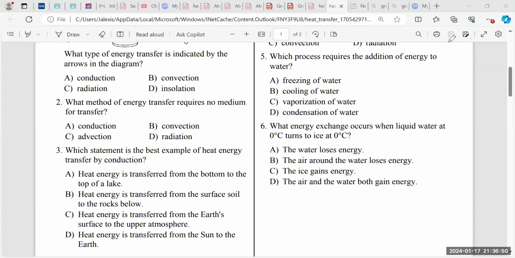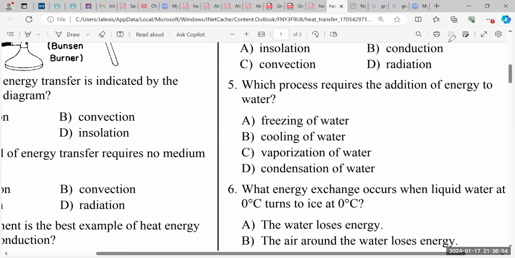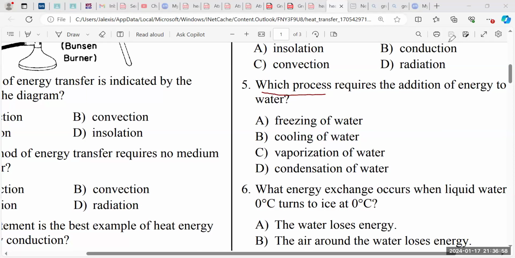All right, number 5. Which process requires the addition of energy to water? There is a page on the reference tables that talks about the process where heat energy has to be added.